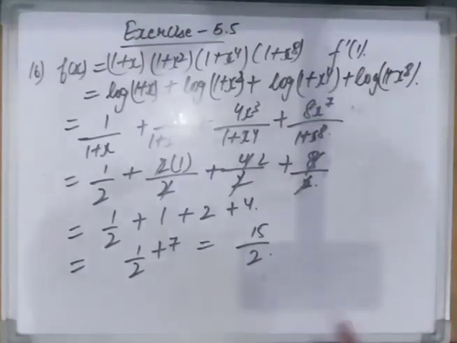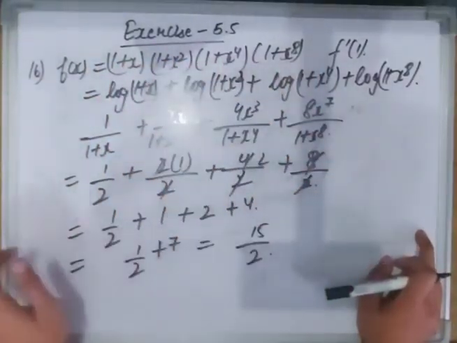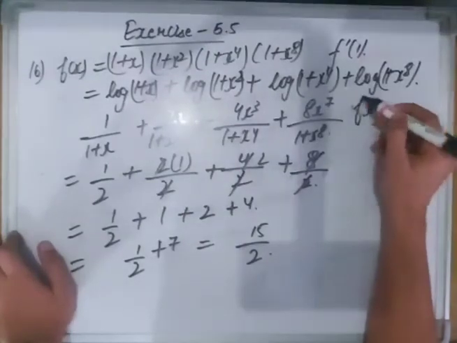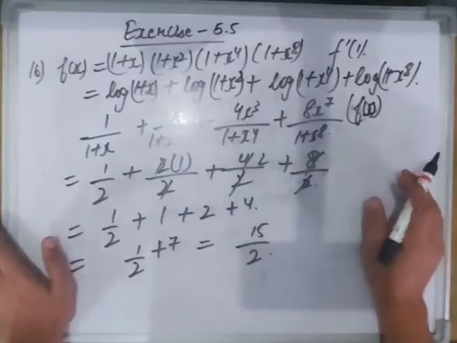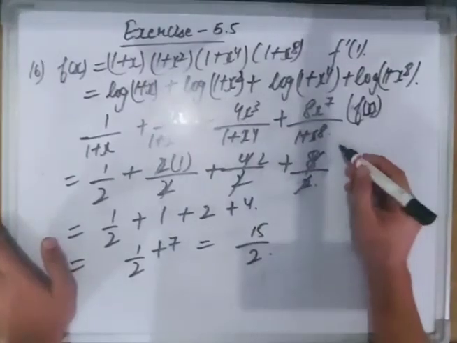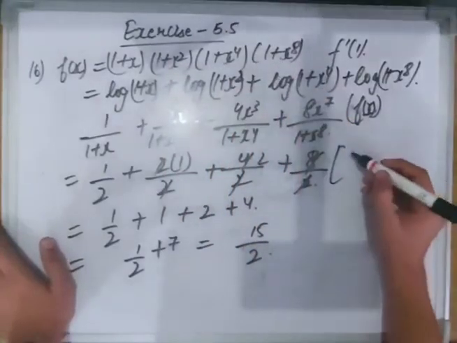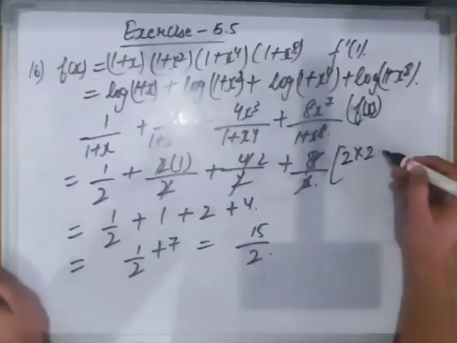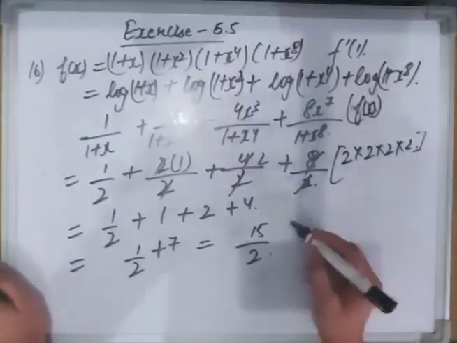I just forgot to mention this term in multiplication with f(x). This is in multiplication with f(x), and the value of f(x) is 2 into 2 into 2 into 2.